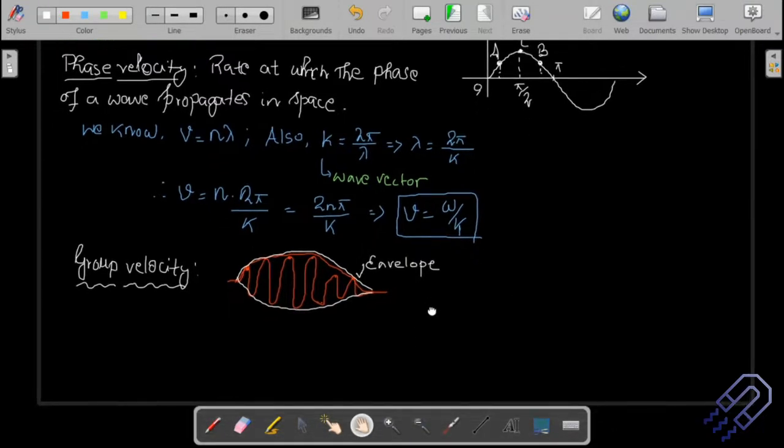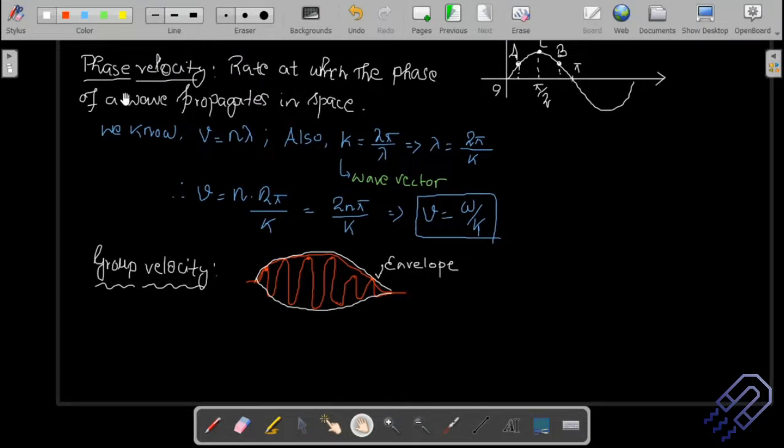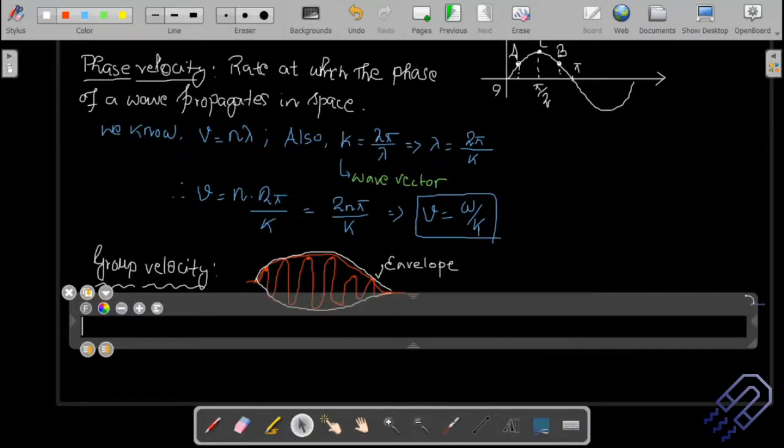What we need to understand here is that the velocity with which a single phase of wave travels, omega by k, is different from the velocity with which a group of waves will travel. Usually, the phase velocity is greater than the group velocity. We're going to see that mathematically. But for group velocity, can we write down some sentences? So let's write down what we can note.